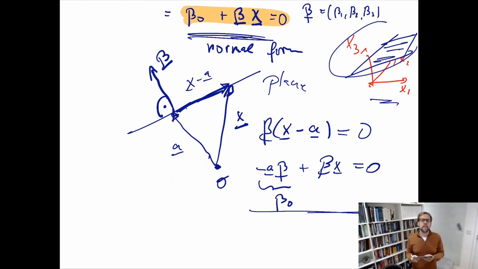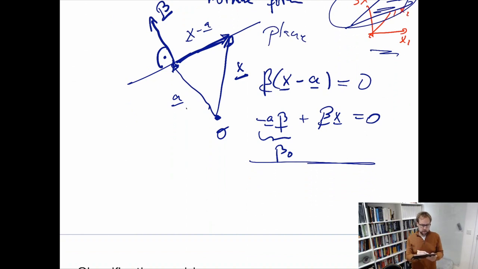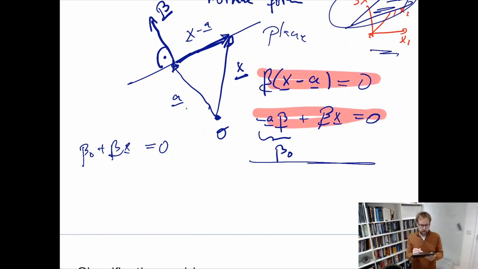In general, a plane is given by this relationship, beta 0 plus beta x equal to 0, which is the same as this result here, which is also equal to this result. So this is equal to beta times x minus a equal to 0.